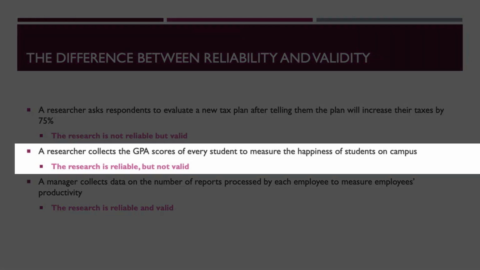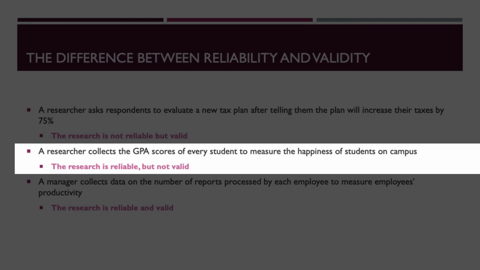Let's say a researcher collects the GPA scores of every student to measure the happiness of students on campus. Well, this approach to measuring the dependent variable, which is happiness of students, the thing that we're trying to explain, is a reliable measurement, measuring GPA scores, right?